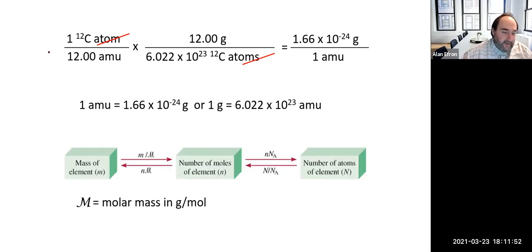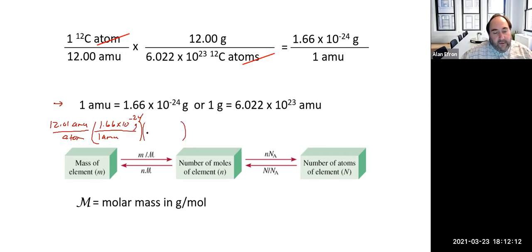Using these conversions, if you took 12.01 AMU per atom, and used 1 AMU is 1.66 times 10 to the minus 24 grams, and then 6.022 times 10 to the 23 atoms per mole, using Avogadro's number, it all works out numerically.